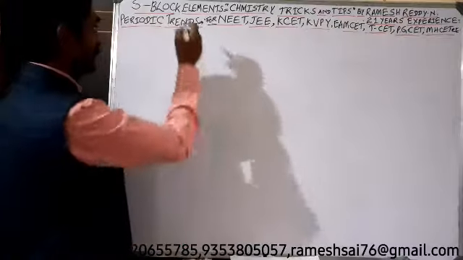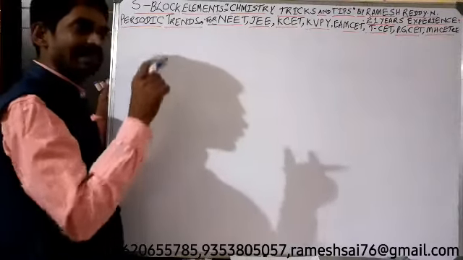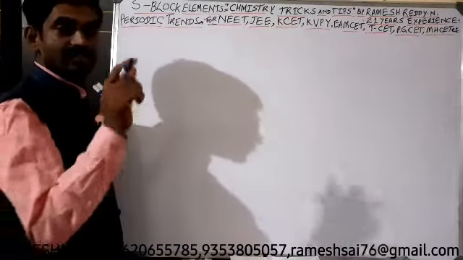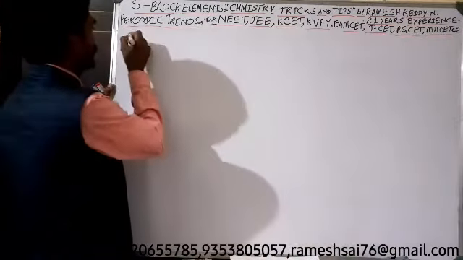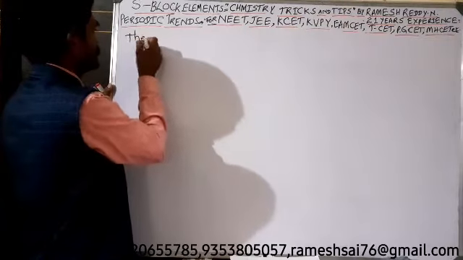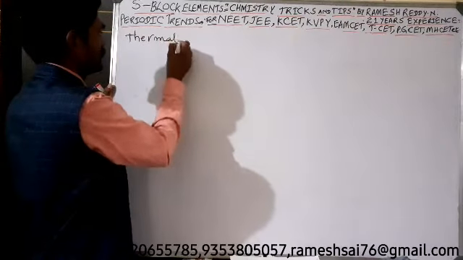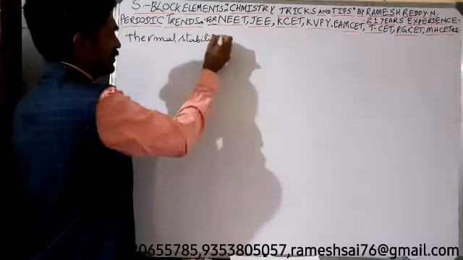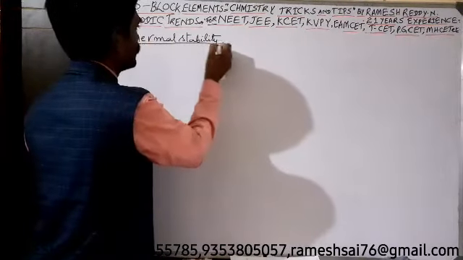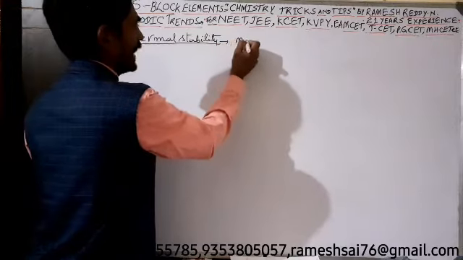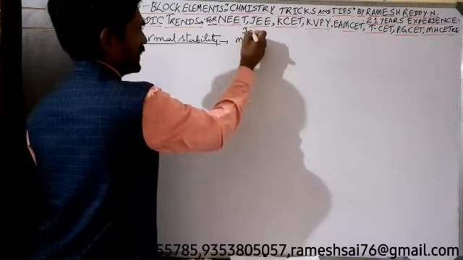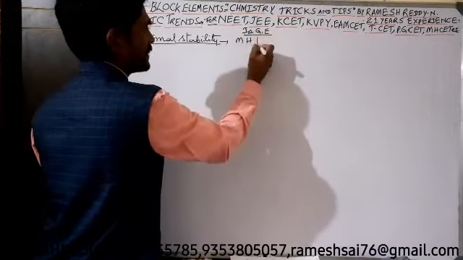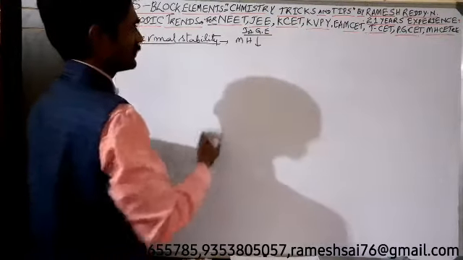So here the first important trend is thermal stability, solubility and melting point. First of all, we will do thermal stability. Thermal stability of metal hydrides of first A group elements decreases, right?